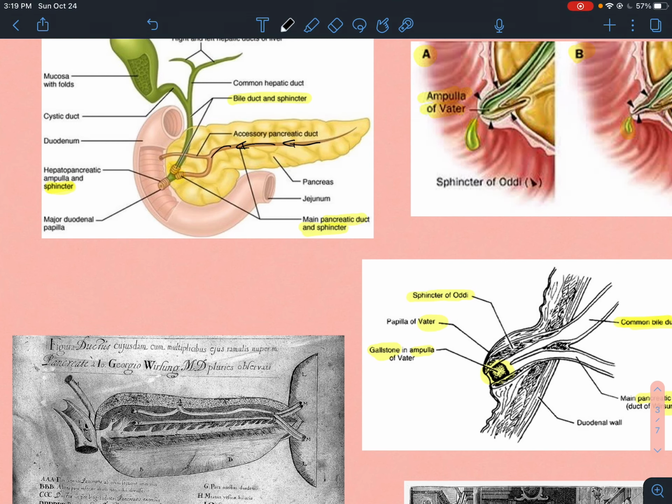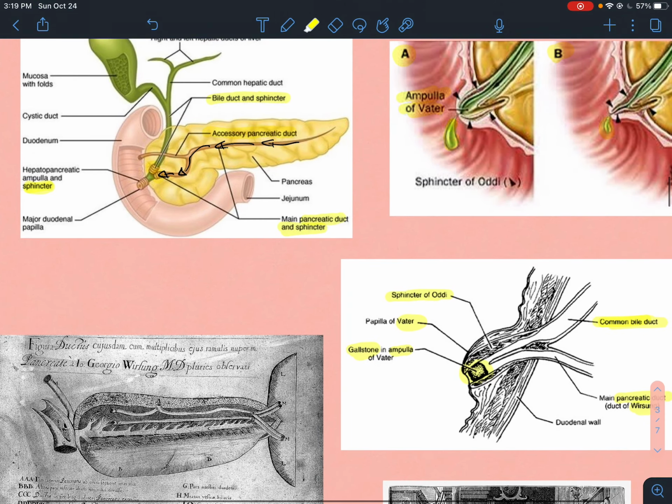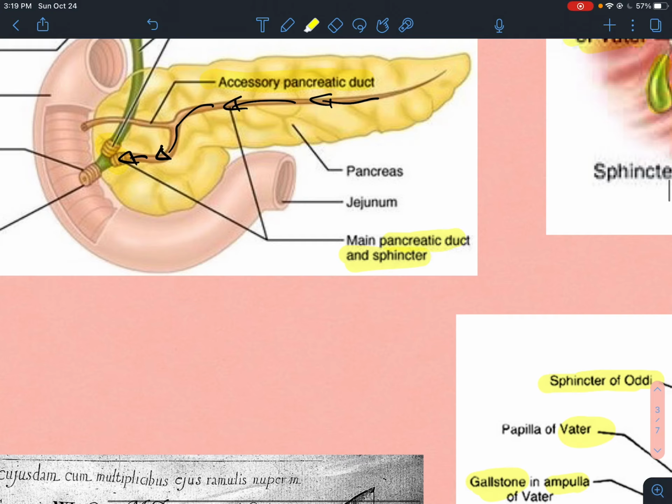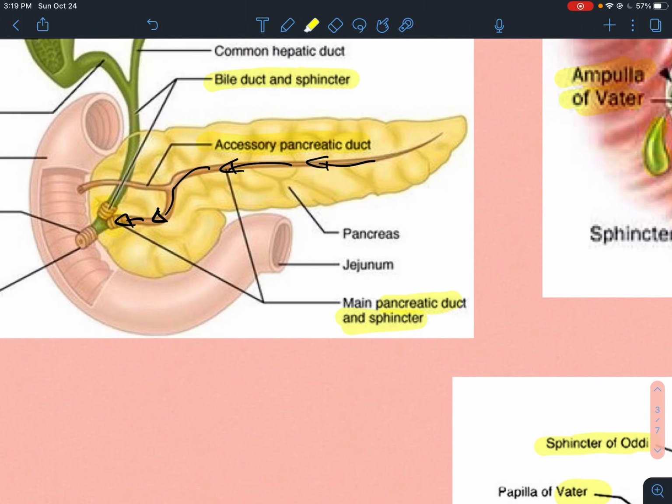All of that is known as the duct of Wirsung. And compare that to the accessory pancreatic duct, which we mentioned is not found in all individuals and is there by itself without the bile duct. And that one is also known as the duct of Santorini.